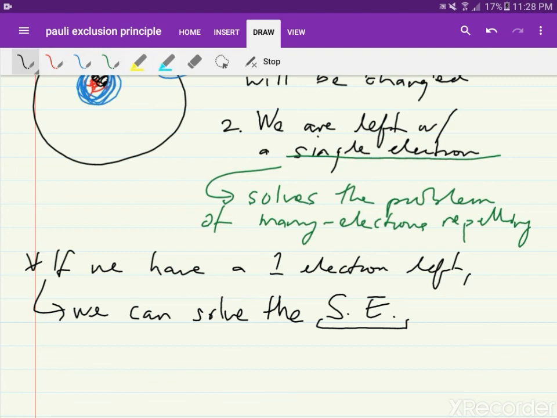Upon solving the Schrödinger equation, we can have the same set of quantum numbers, n, l, ml, and ms for a single electron.